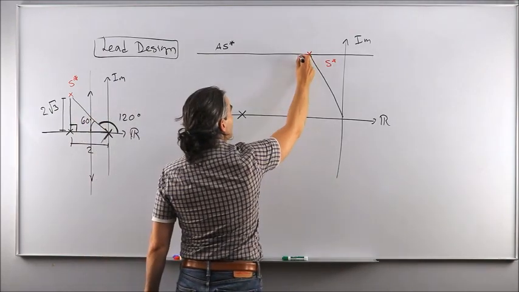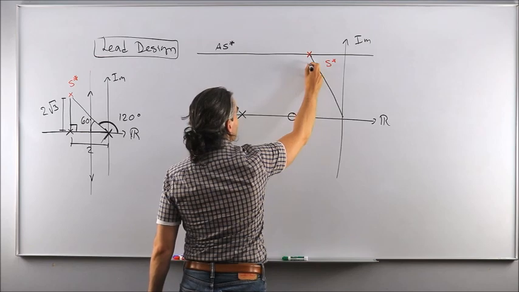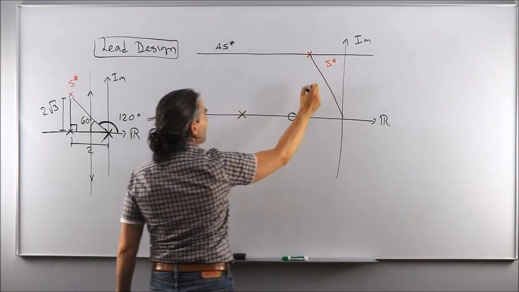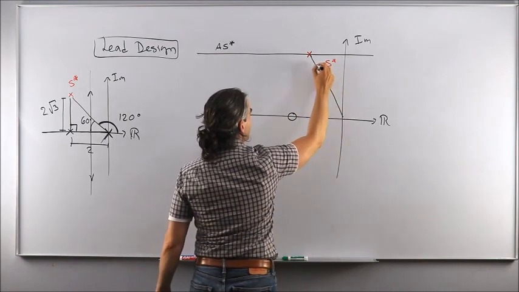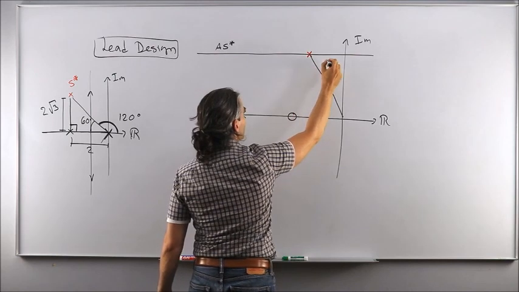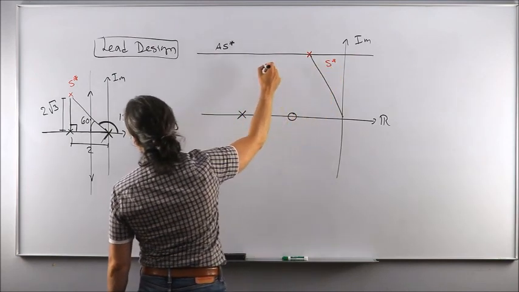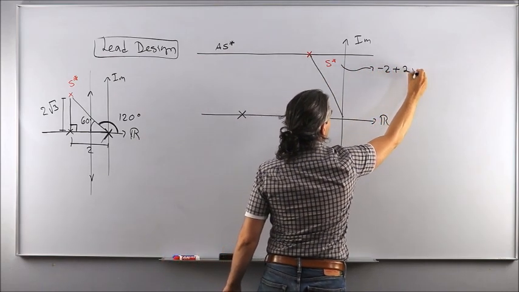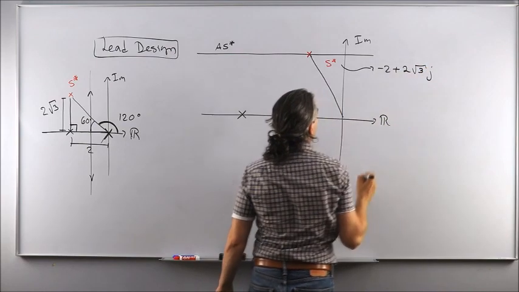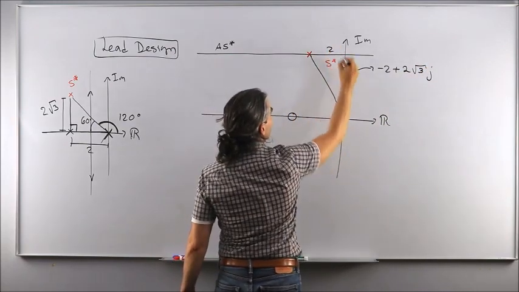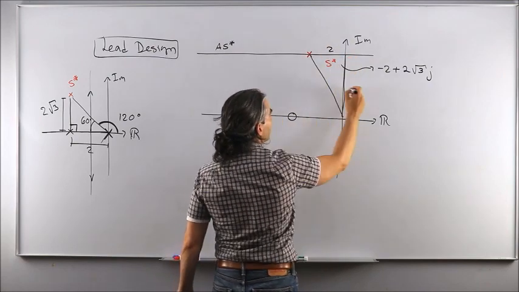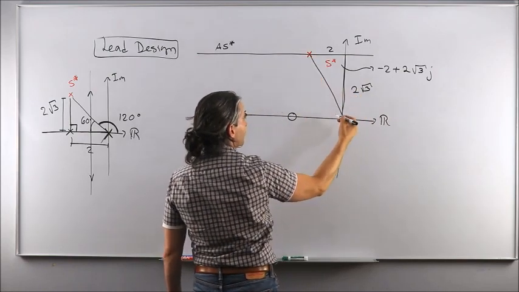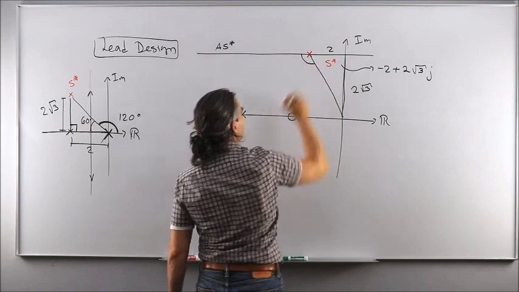Next, I am going to measure this angle because I know the exact location in the complex plane of S star, and therefore I'm able to figure out this angle, that angle, and thereby this angle as well. Because this is known. This is at -2 plus 2 square root of 3j. So this side here is 2. This side here, this triangle here is 2 square root of 3. And therefore I can figure out this length, and from simple trigonometry end up knowing this angle. Okay?